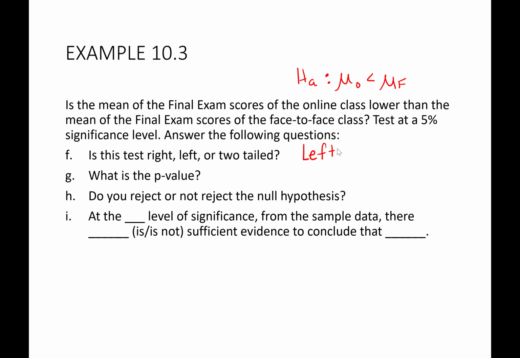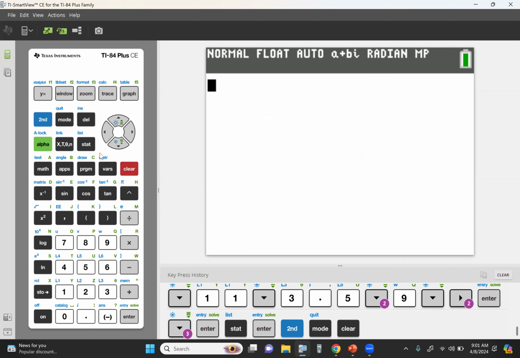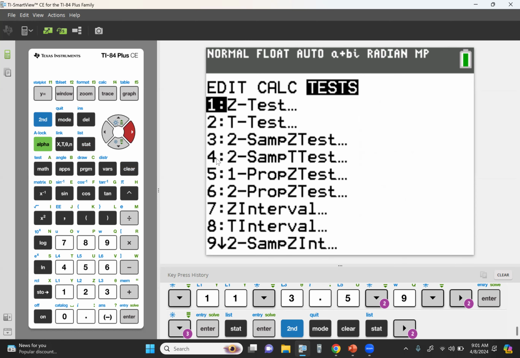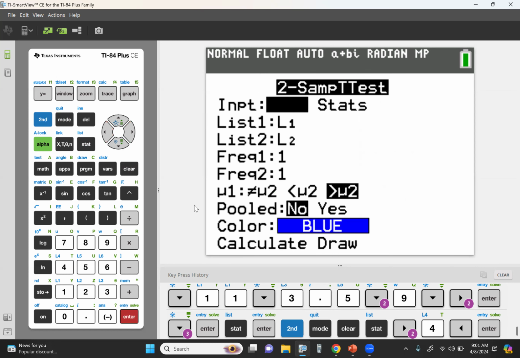I put my data in L1 and L2. So I'm going to go run a 2-sample t-test on my data. So I'm going to go highlight data and hit enter. My first list, my online data, was in L1.